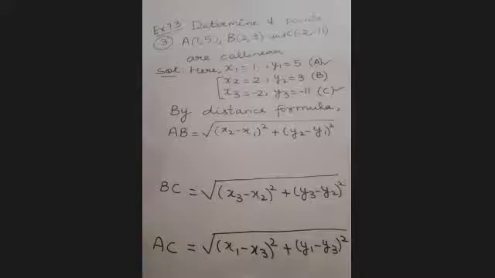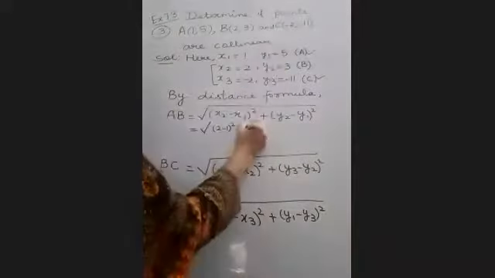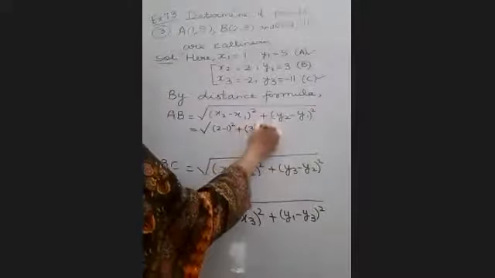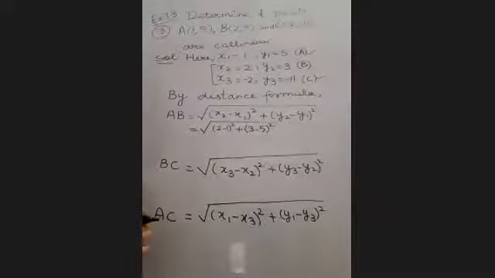Shall we solve it now? Just put the values. It's (2 minus 1) square plus (y2 minus y1), that is (3 minus 5) square. What is 2 minus 1? 1.